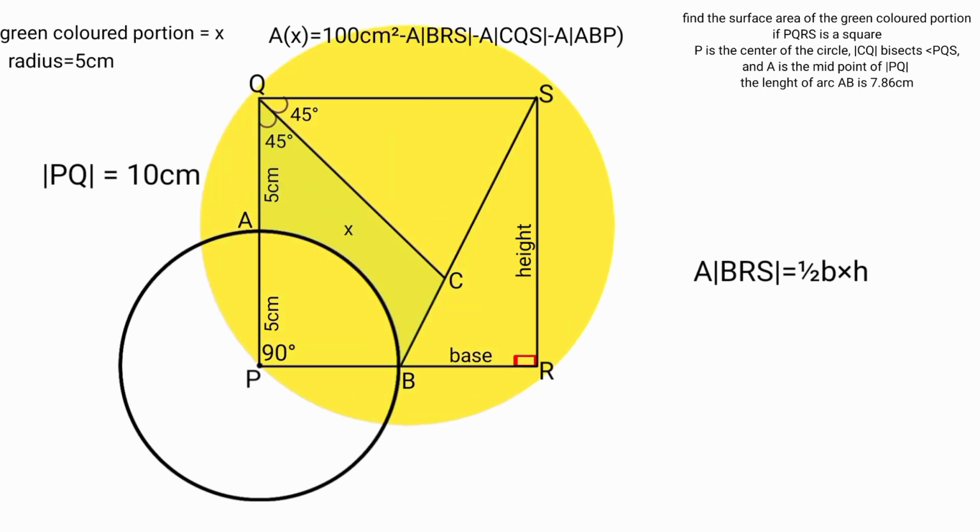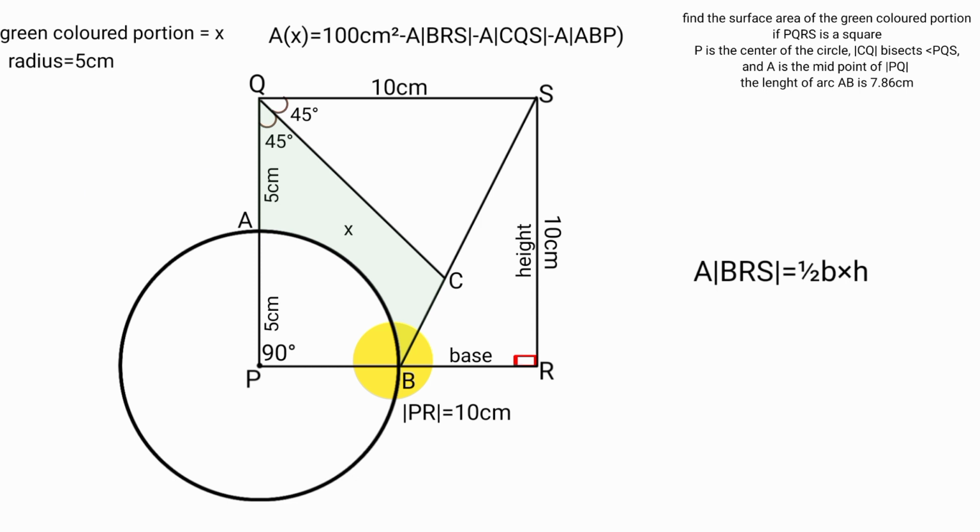So from this quadrilateral here, since this is a square-shaped quadrilateral, we know that all the sides of a square are equal in length. So since this line PQ is 10 cm in length, this line QS, line RS, and line PR must also be 10 cm in length each. So now, from this, we can substitute directly that height equals 10 centimeters.